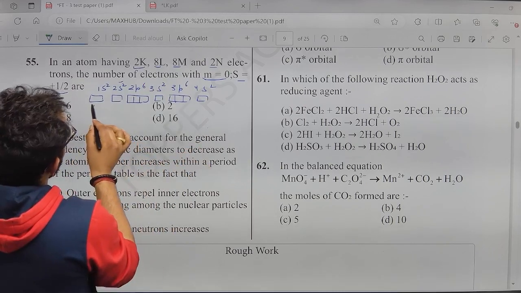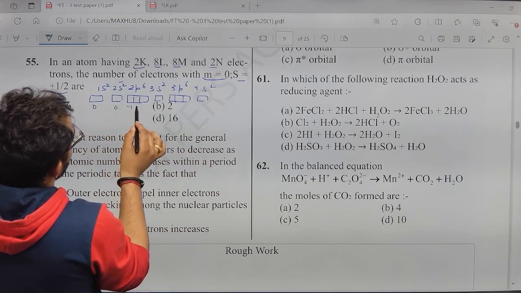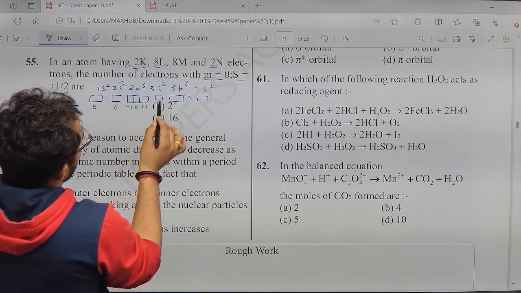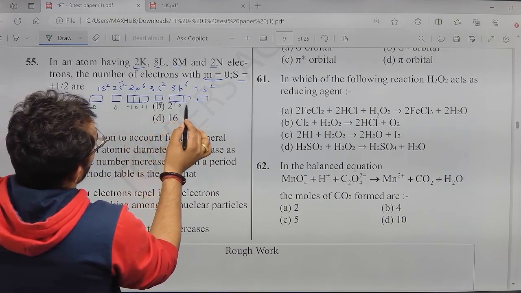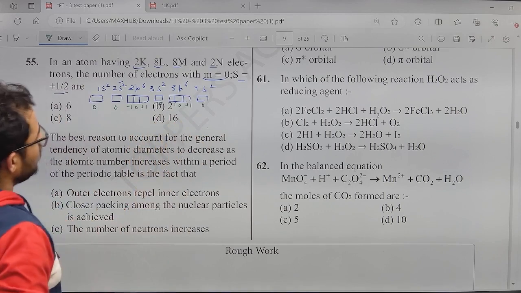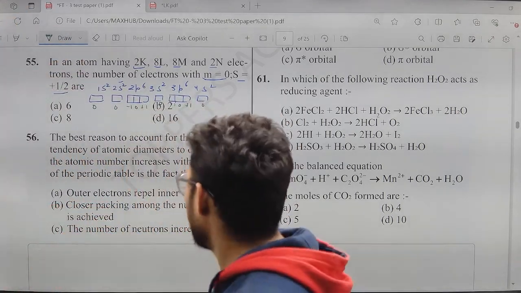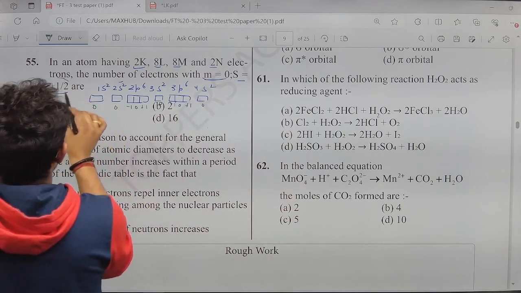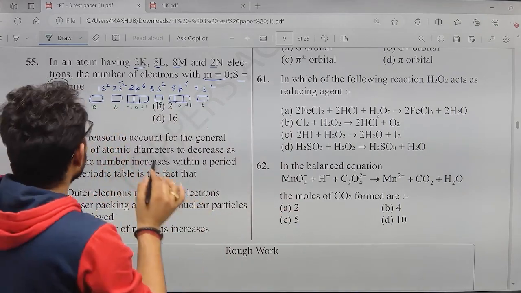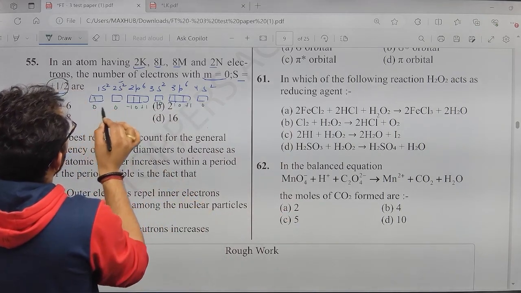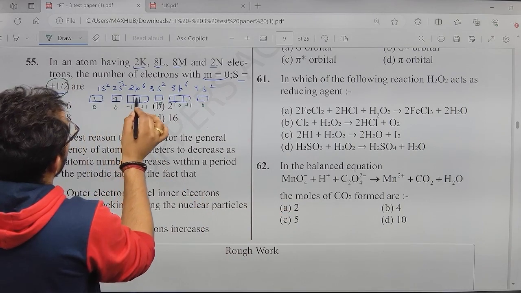For this m is equal to 0: minus 1, 0, plus 1, 0; minus 1, 0, plus 1, 0. So you can see how many orbitals are having m is equal to 0. Now s should be plus half, that means clockwise only. So this can have only one electron, that is clockwise. This can also have one electron, that will be clockwise.